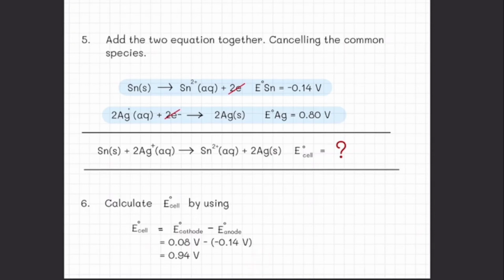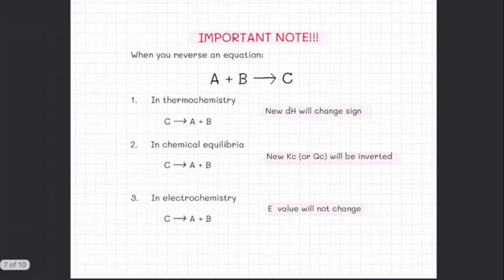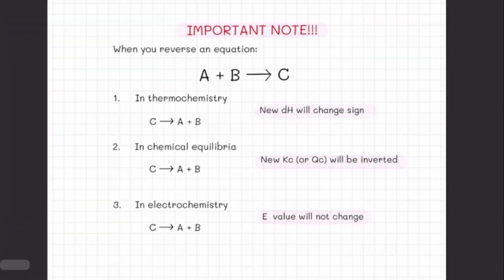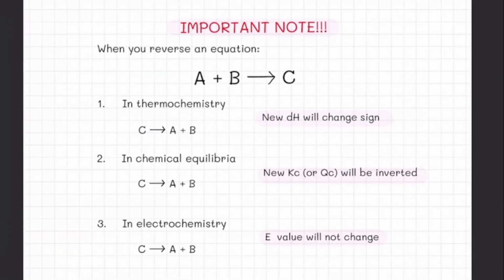Easy, right? So I really would like you to remember that when we reverse the equation in electrochemistry, it is slightly different from when we reverse an equation in thermochemistry or in chemical equilibria. In thermochemistry, when we reverse the equation, the delta H sign will change.